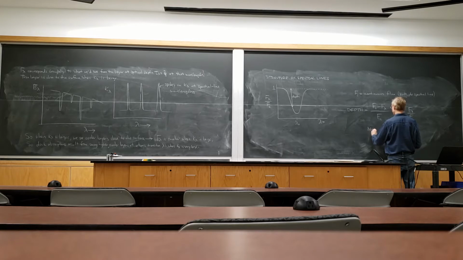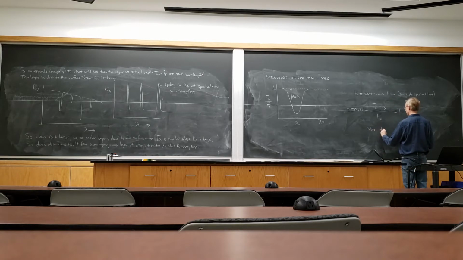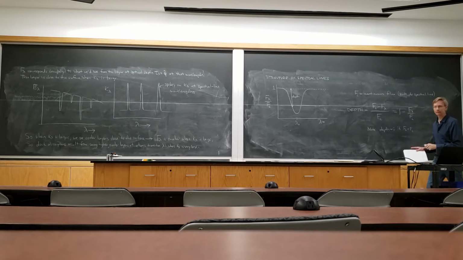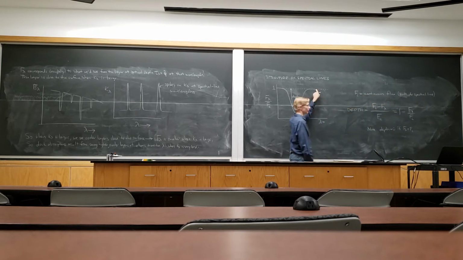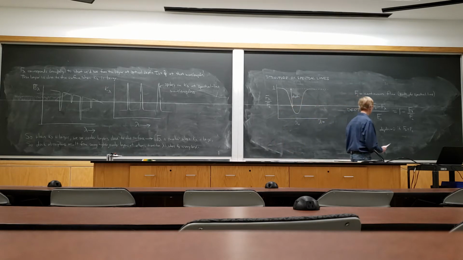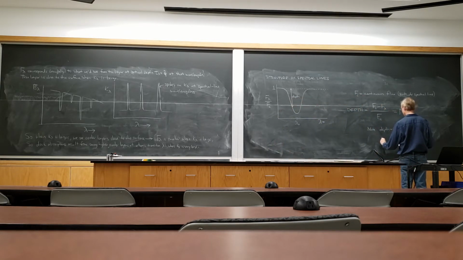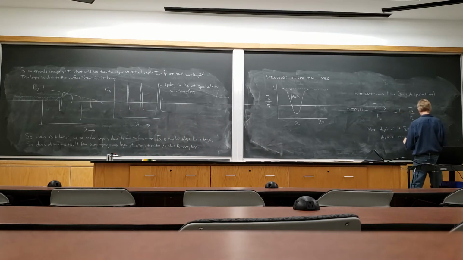And we'll note here that the depth is equal to 0 if F lambda is equal to Fc. In other words, over here, where we're back at the continuum flux, it's reasonable to say that the depth is 0 there. We haven't excavated at all, so to speak, at a wavelength like that. And the depth is equal to 1 if F lambda is equal to 0.